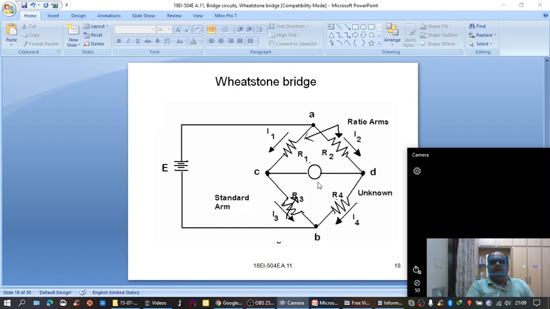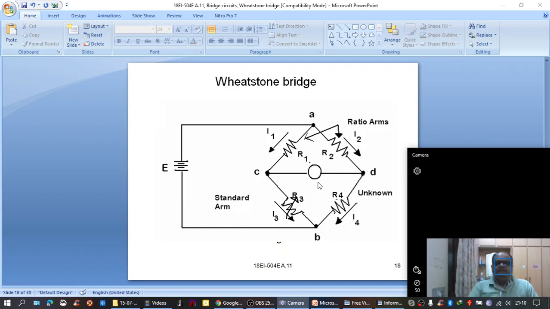the resistance R3 has to be gradually increased or decreased slightly, and we have to keep on monitoring the voltage shown by the null detector, or the deflection, or the pointer movement of the null detector. When R3 is reduced, if the null detector is coming towards 0, then gradually decrease the value of R3 till the null detector reads 0.